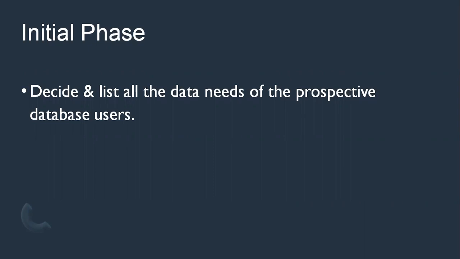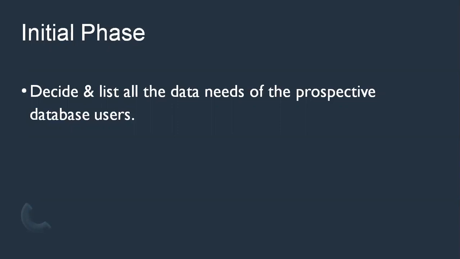In this phase, decide and list all the data needs of the prospective database users. So in the initial stage, only starting is done, that it is decided for the database users what are the different data needs. List all the data. So we will take one example so that we will understand each and every phase.